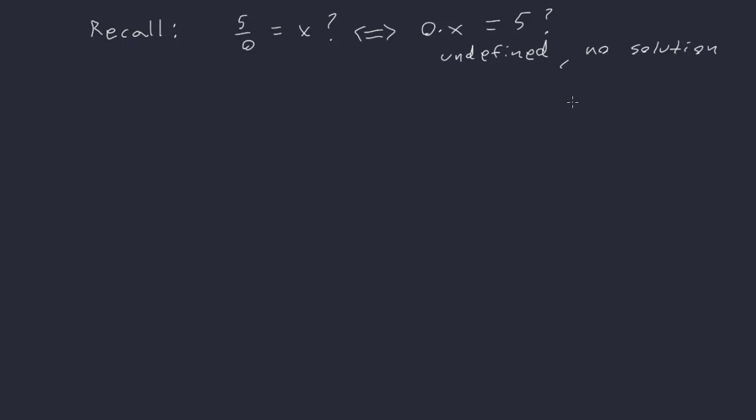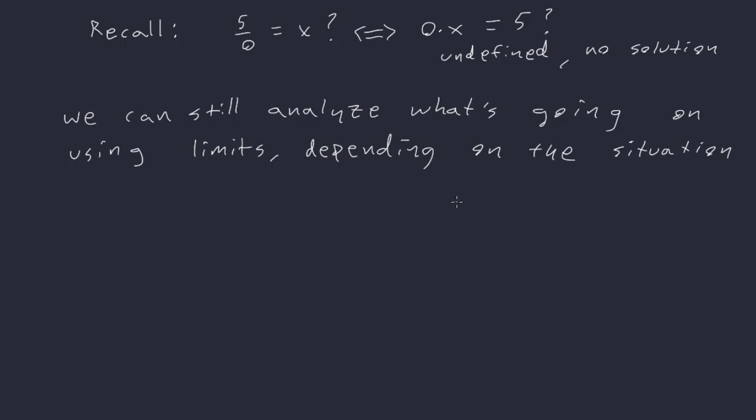However, we can still use limits to analyze what's going on given certain situations. And what do I mean by depending on the situation? Well, let's think of something like this. Let f of x be 5 over x, and let's say g of x is 5 over x squared.